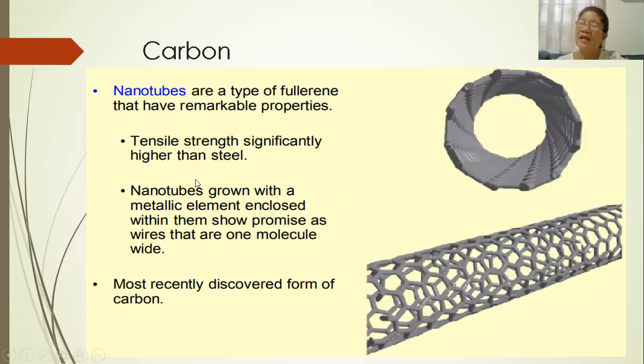It's almost unbreakable in the form of a nanotube. So nanotube growth with metallic elements will be a promising industry. In the nanotube, what is put in place there are wires. So this is one of the uses of carbon in the form of fullerene.